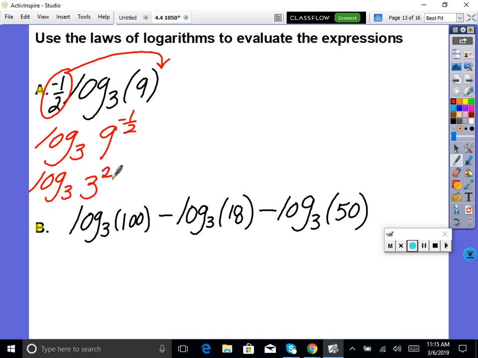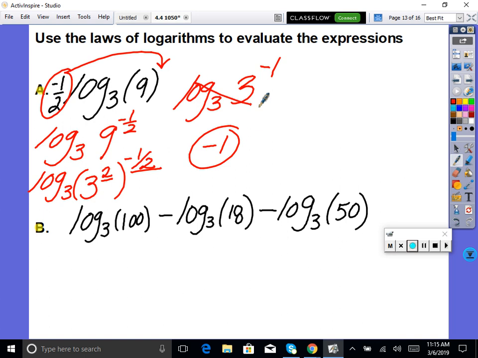So we have 3 squared raised to the -1/2. So now raise a power to a power, and you multiply. So then we have log to the base 3 of base 3 raised to the -1. 2 times -1/2 is -1. So now what's my final answer? -1, because these cancel out.